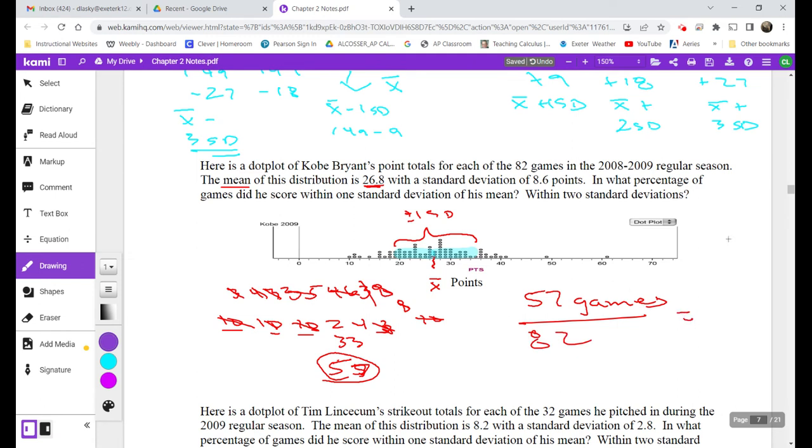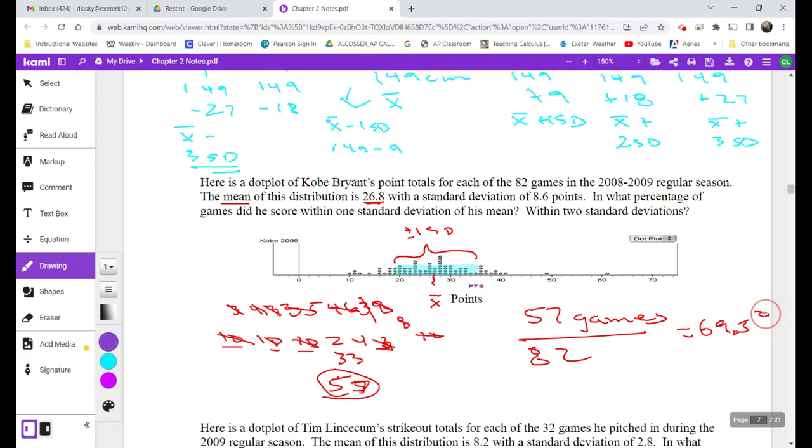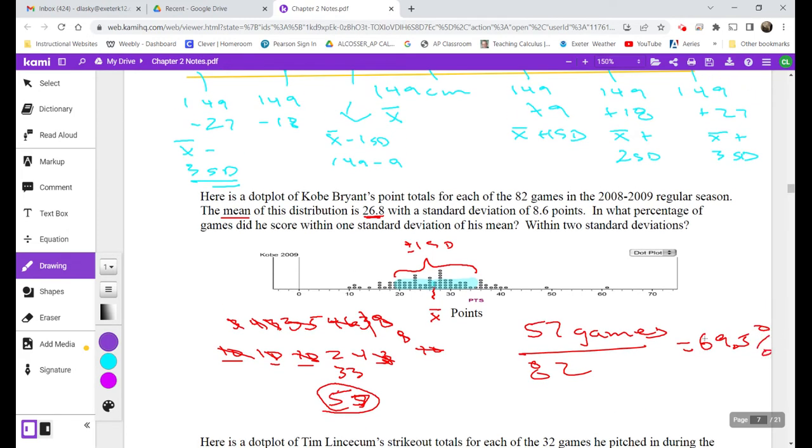So if we do that in our handy dandy calculator and get a proportion, here we got 57 divided by 82. 69.5%. And it's an estimate, okay, guys?